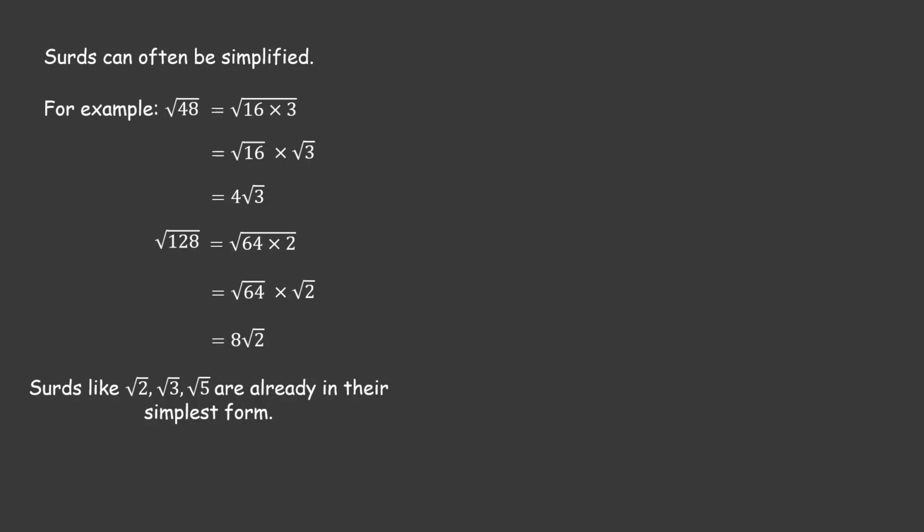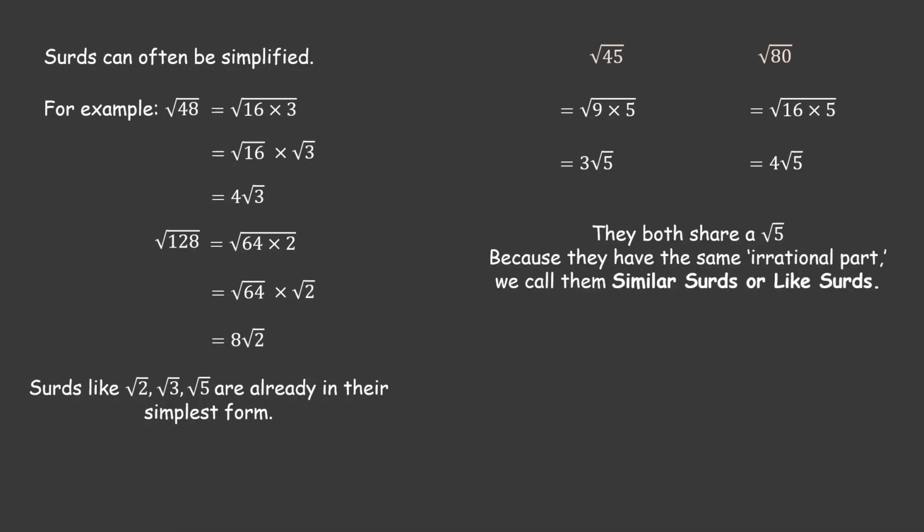Let us look at two more examples, root 45 and root 80. Now this can be simplified as root of 9 into 5, which is 3 root 5. This can be simplified as root of 16 into 5, which is 4 root 5. Now both of these share a root 5. Because they have the same irrational part, we call them similar surds or like surds. Let us look at more examples.